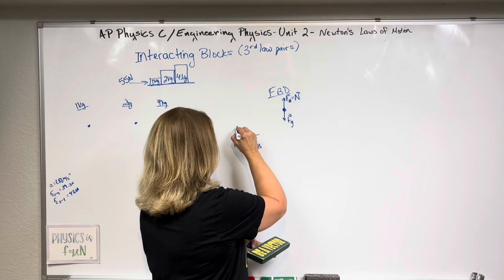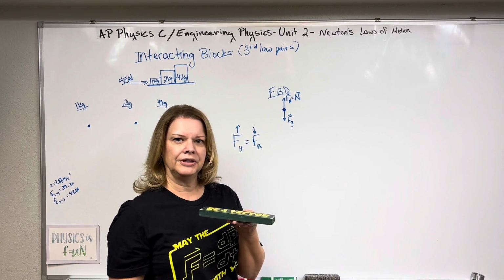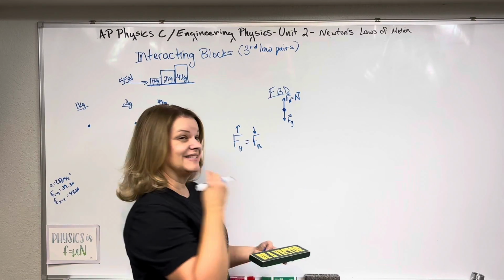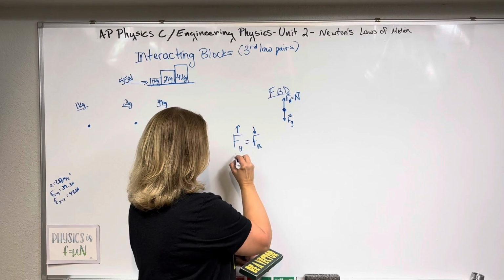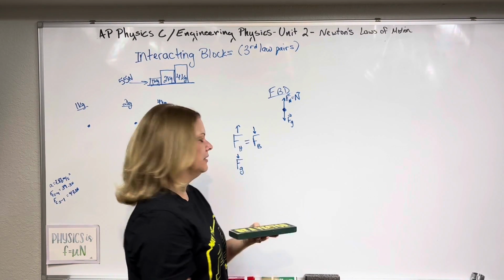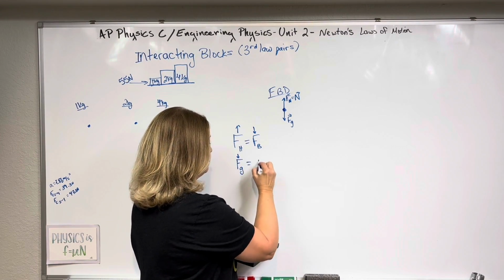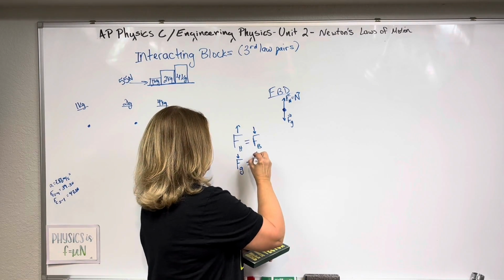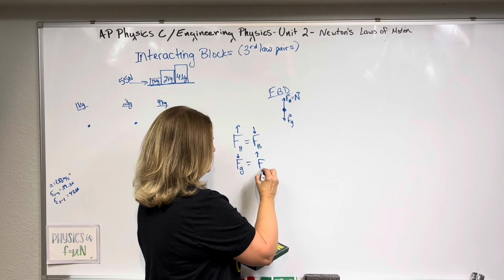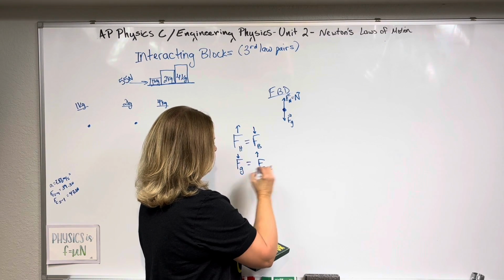This would be up and this one would be down. Opposite and equal. Then I would have a second third law pair that would be the force due to gravity, which is down, pulling down on the block, and then it would be equal to the force of this block pulling up on the Earth.